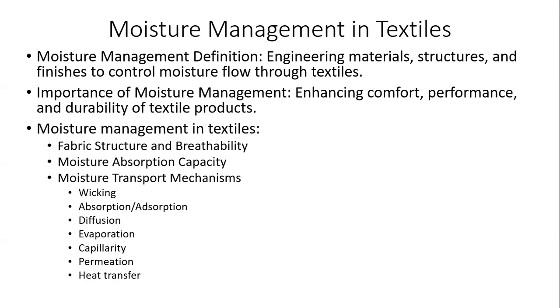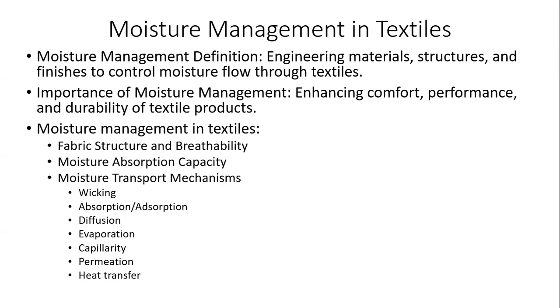So I have taken seven mechanisms by which the moisture gets transported. It will be through wicking, absorption and adsorption, diffusion, evaporation, capillarity, permeation, as well as heat transfer. Any type of moisture transportation is governed through these mechanisms.